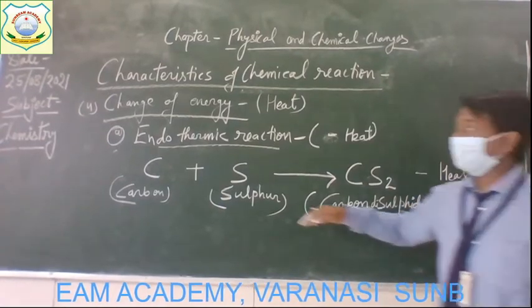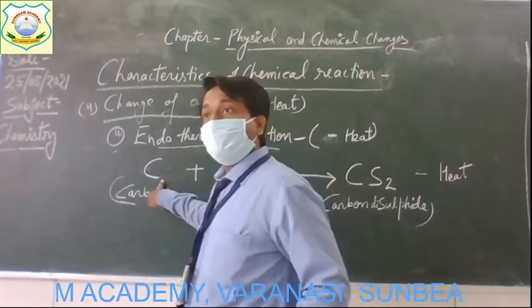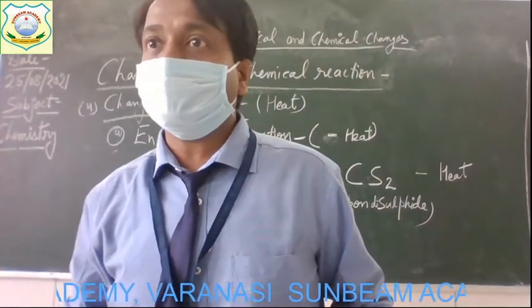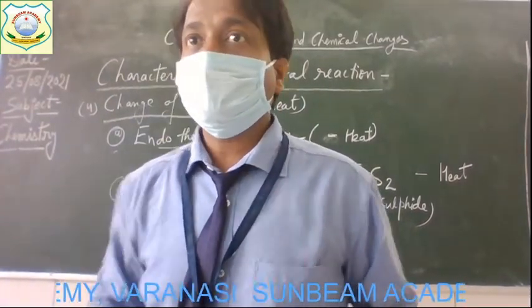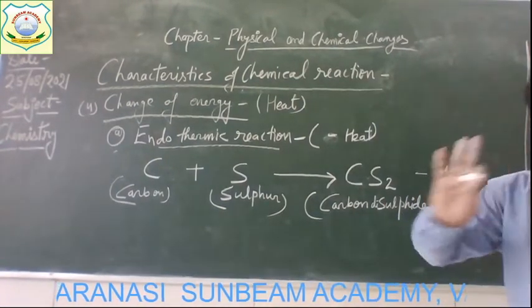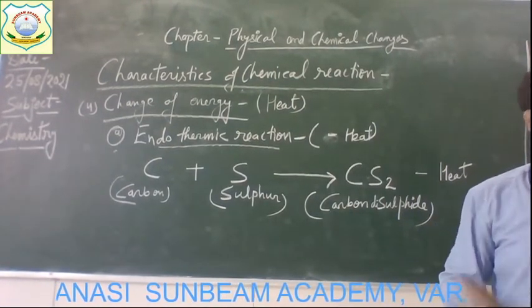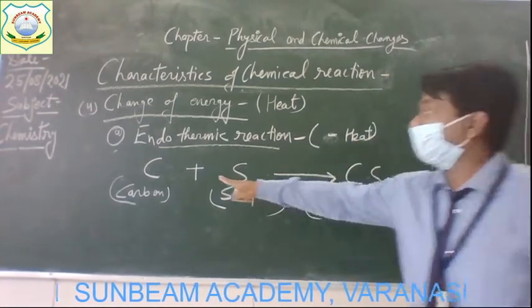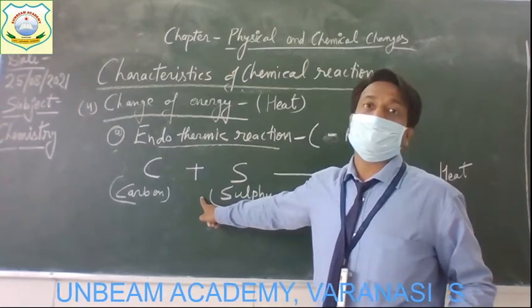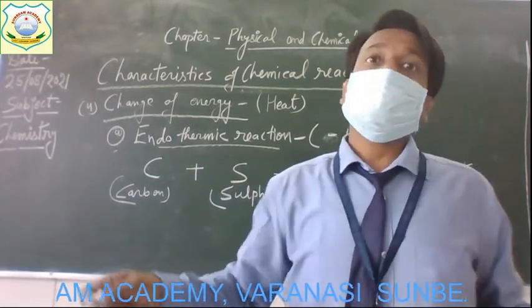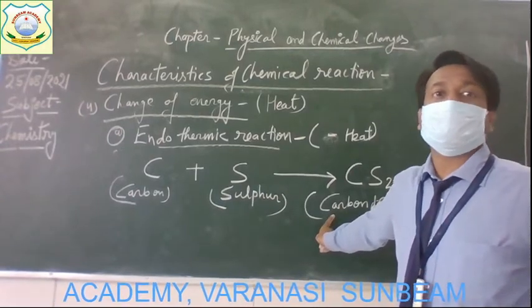So in this chemical reaction, heat is involved. It means that simply by mixing carbon and sulfur at room temperature, normal temperature, this reaction will not occur. The product carbon disulfide will not form. How will it form? When we heat that mixture of carbon and sulfur, then carbon disulfide will form.